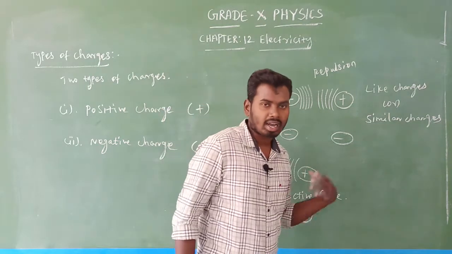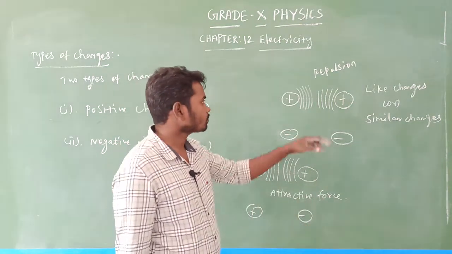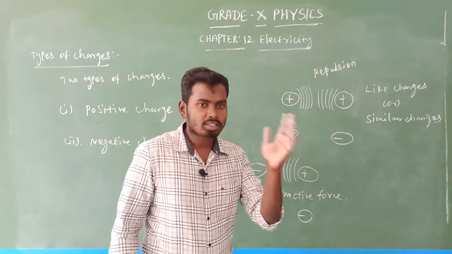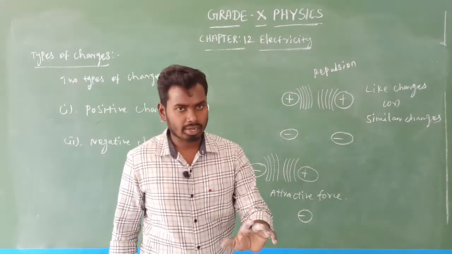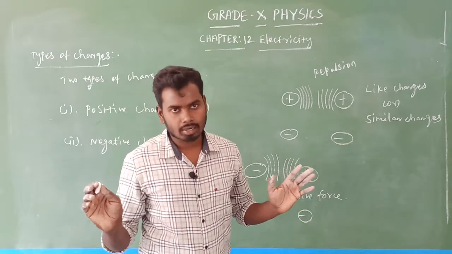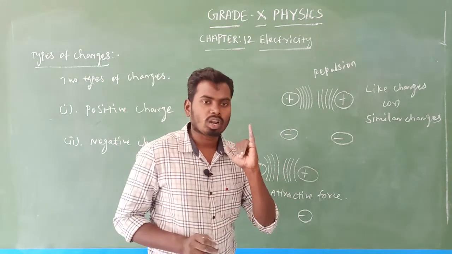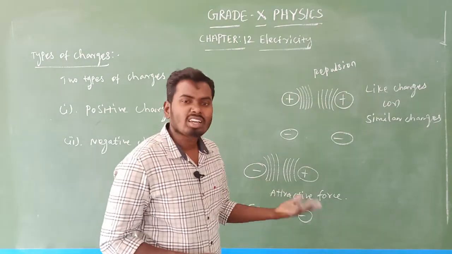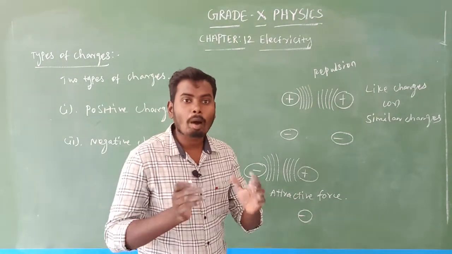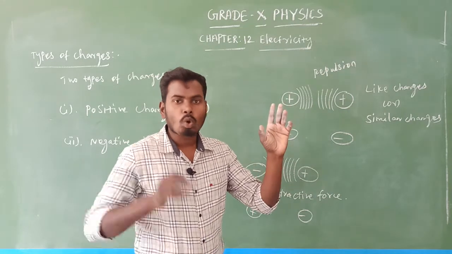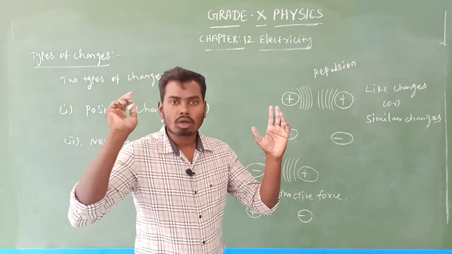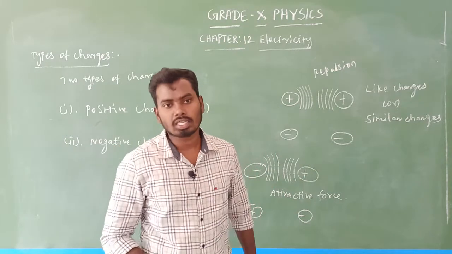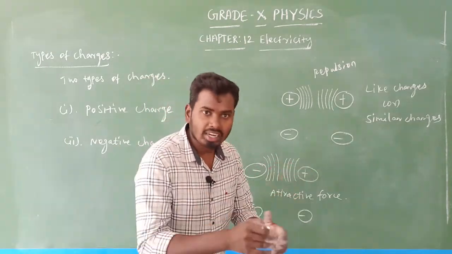So what is the content, sir, here? The like charges, such as positive or negative, repel each other. That is one of the properties. Next, the unlike charges, which means opposite charges, one positive and one negative, attract each other.